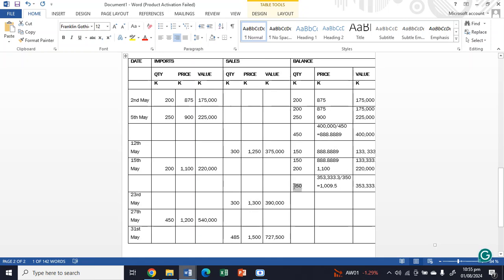So we had 350 goods, we sold 300, so we remain with 50 goods at 1,009.5. So when I say 50 times 1,009.5, we get 50,476.2.